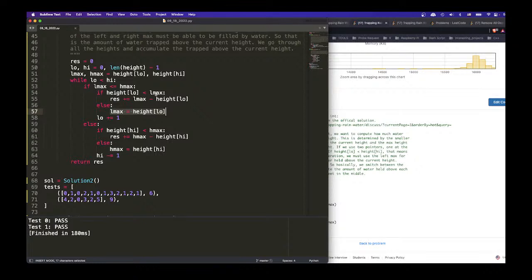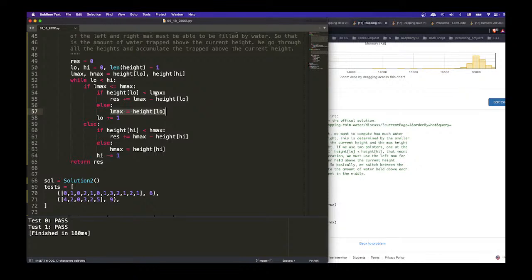So if current low is smaller than high, then I'll update the two. Alright, I update the max. Yeah, because I have two pointers. If the low is smaller than high, then we must use low, because high is bigger.